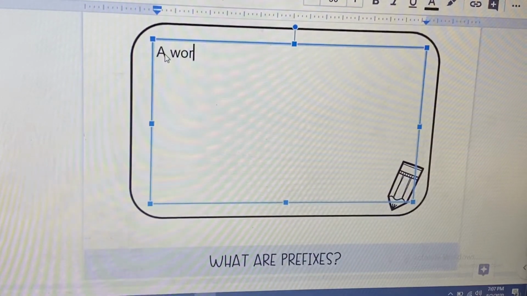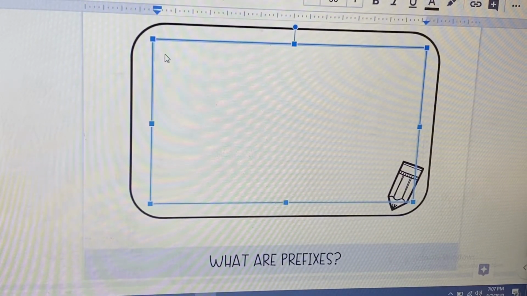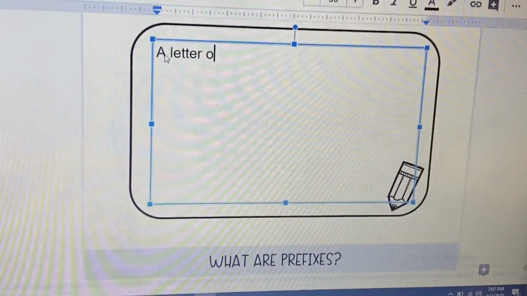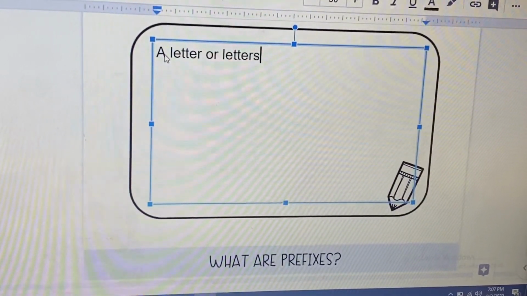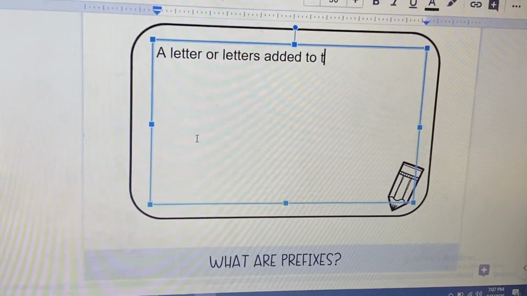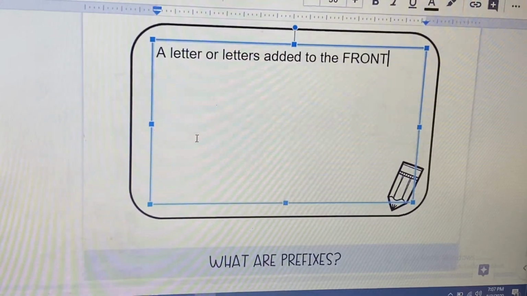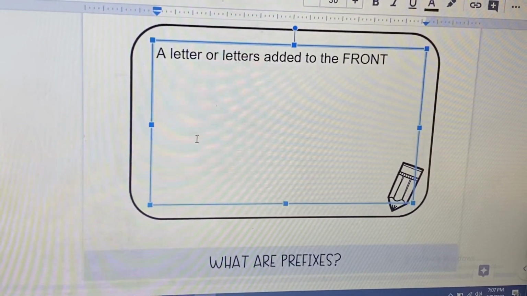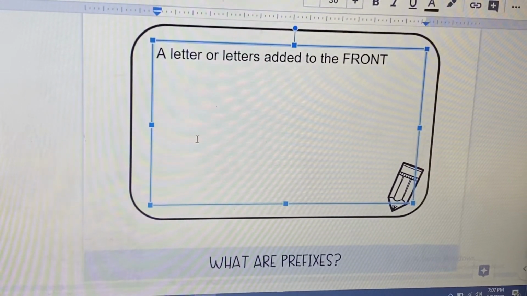a word, let's say this, a letter or letters added to the front. I'm going to put that all in caps because that's very important that you understand that a prefix is at the beginning.